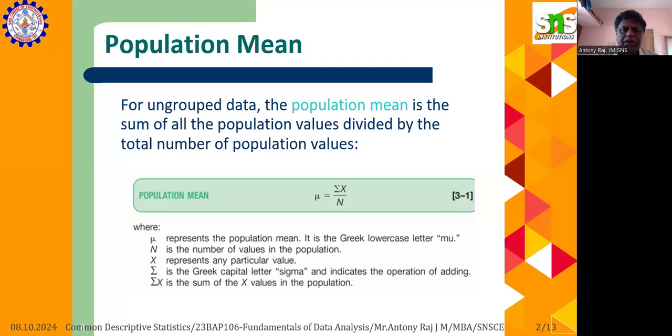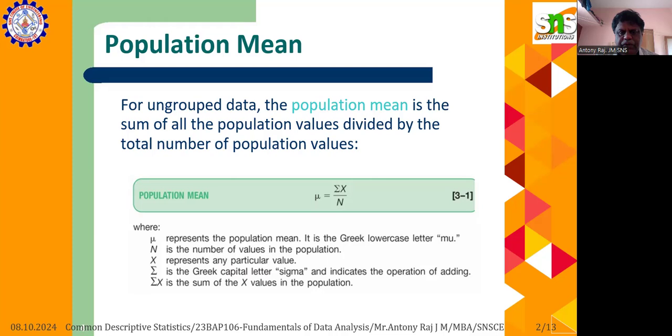When we talk about population mean, we take all the values in the population, and that is in the numerator, and the denominator is the total number of population values. So this is the population mean. Mu represents the population mean. It is a Greek letter, spelled as mu.